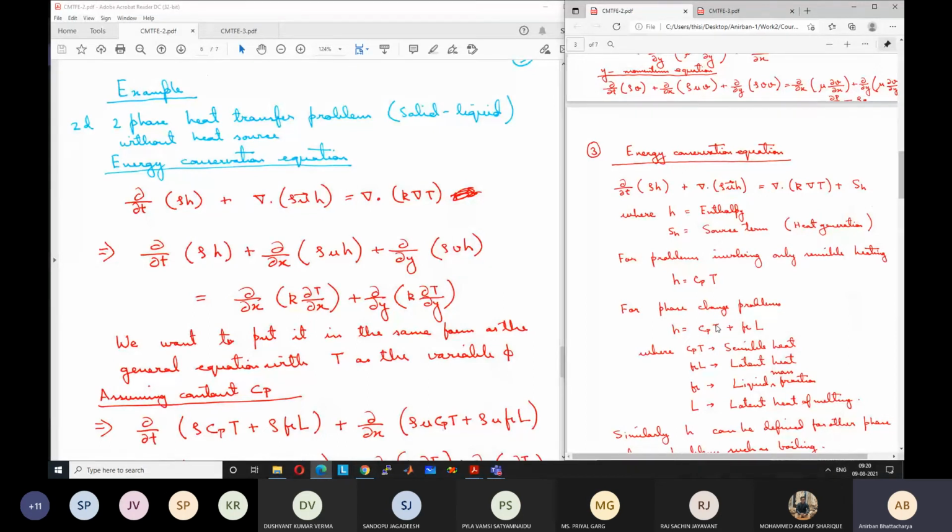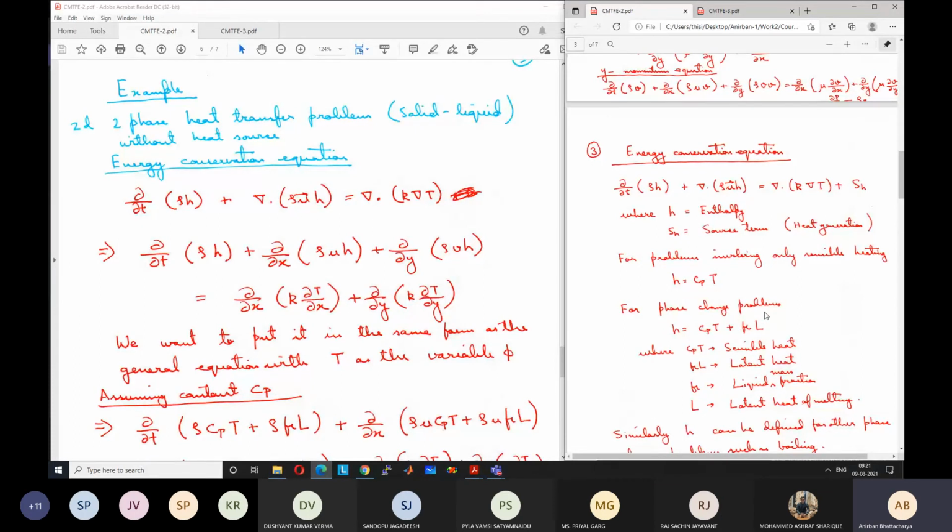It can be from absolute zero or any other reference state. It does not matter because ultimately we will be dealing only with differences in enthalpy, not the actual enthalpies. This is the sensible part, and f_l L is the latent heat part. L is the latent heat of melting or solidification.